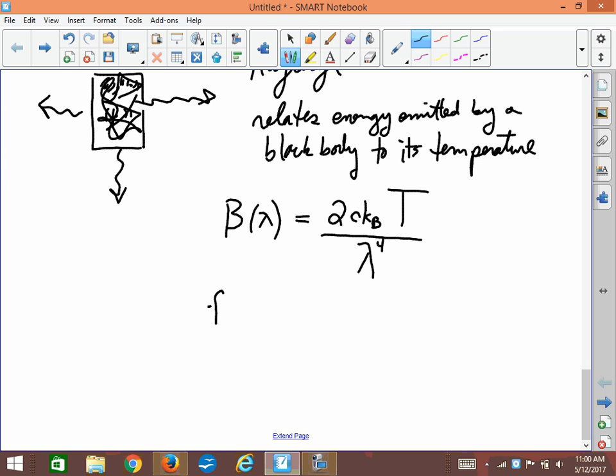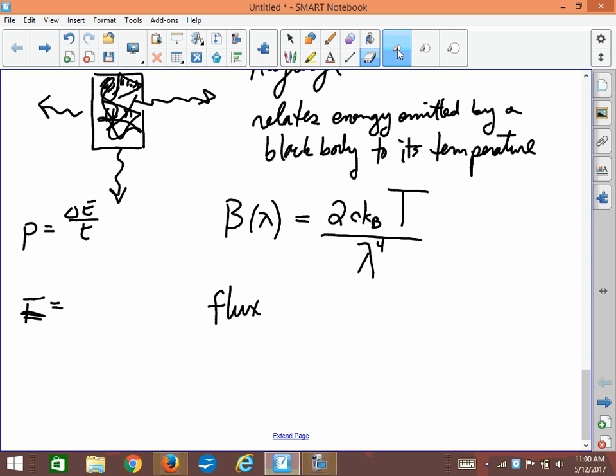So flux, and flux is something, if I give you a quick little review here, you'll remember that power is equal to the change in energy over time. And then you remember from your sound unit last year that intensity of a wave, that's an I, is related to the power over a certain area.